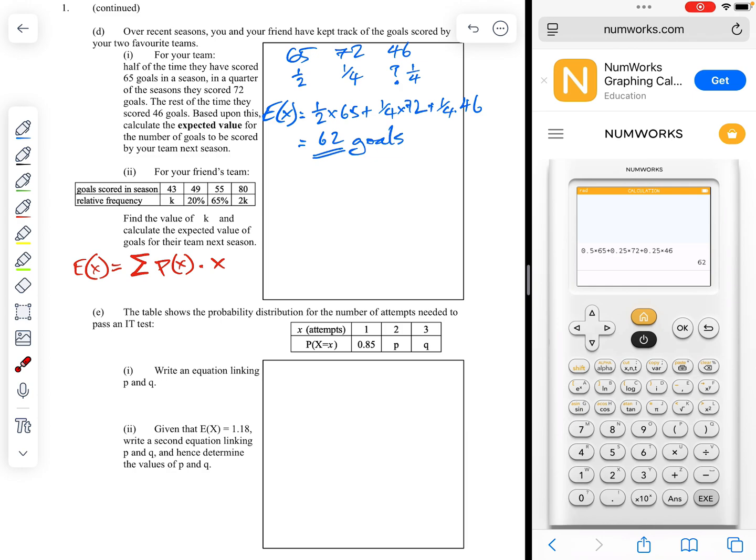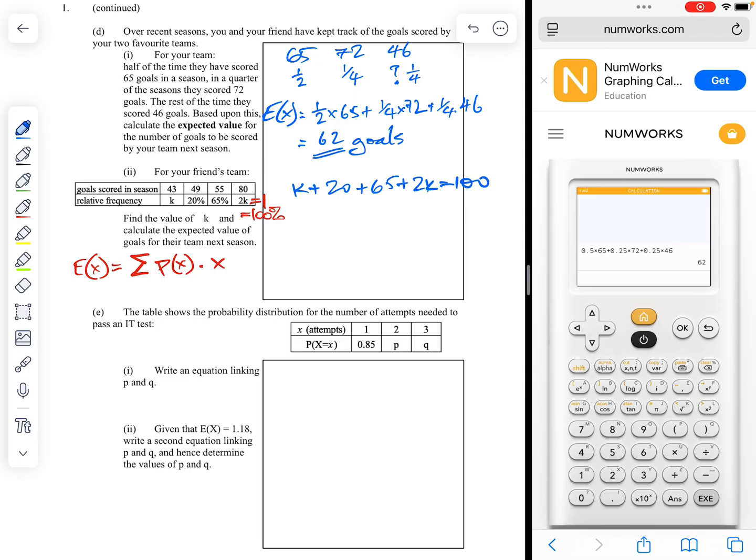Right. First off, as we've done before, this has to add up to 1, or has to add up to 100%. So let's write an equation. k plus 20 if we're doing percents, plus 65 plus 2k if we're doing percents, that is 100.